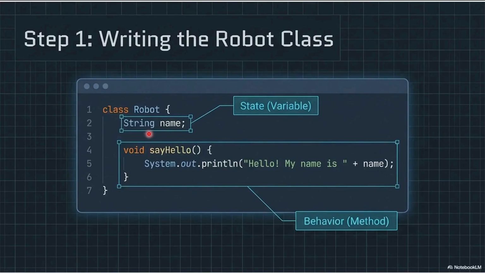Okay. Now, very important to understand, this is the class Robot, and then this is the body that we define. What is there inside the body is one variable, that is String name. Name is a variable of type String because we're going to store the name of the robot in this variable. But these are not simple variables.